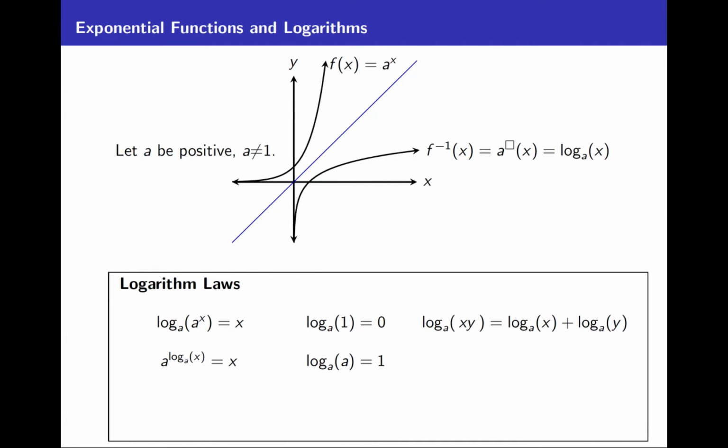Log base a of xy equals log base a of x plus log base a of y. Log base a of x over y is log base a of x minus log base a of y. And log base a of 1 over y is negative log base a of y.